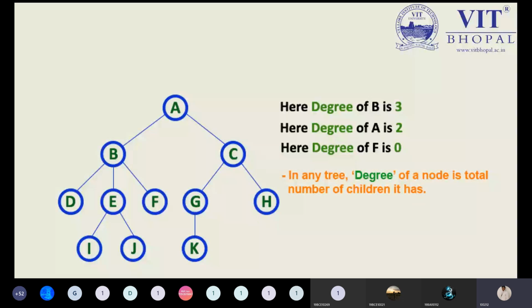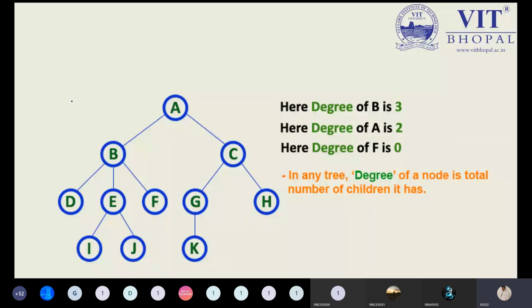Now, the degree of B is 3. How can you say that? Because it is connected to three different nodes, D, E, F. In a general or tricky way, we can understand how many children a node has by its degree.